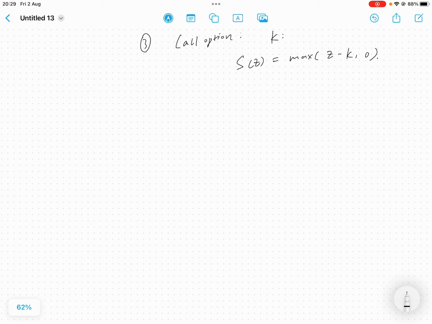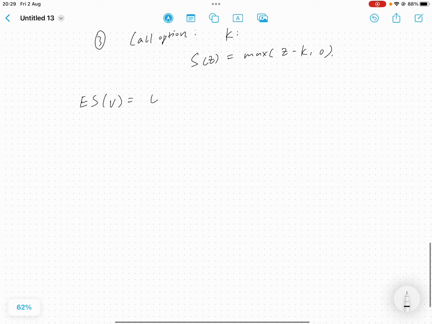Before that, we need to make some definitions for the expectation of the payoffs of security S. In the paper, they use simple notation, E_S, as the expectation of the security S. So E_S given some V is defined as the expectation of S, which is a function of Z, and it has some conditional distribution given V, and that's how it calculates the expectation.